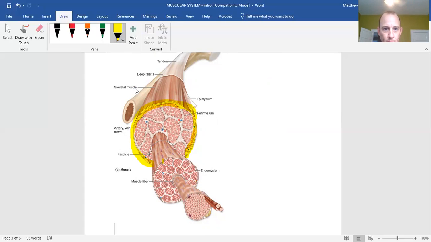And your muscle group is a collection of muscle bundles, right? I have one muscle bundle coming out here. So here is one muscle bundle. And some of them are hiding, but here would be another muscle bundle. Here would be another muscle bundle.